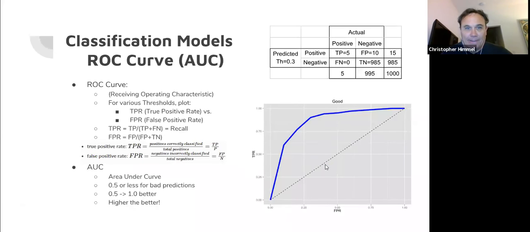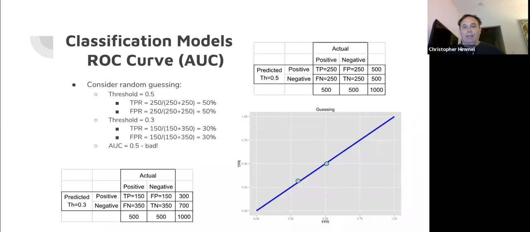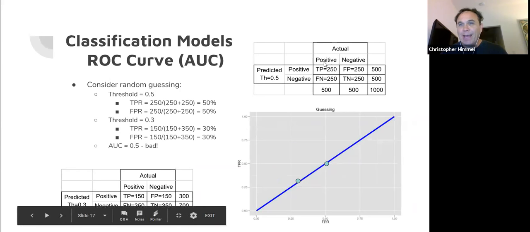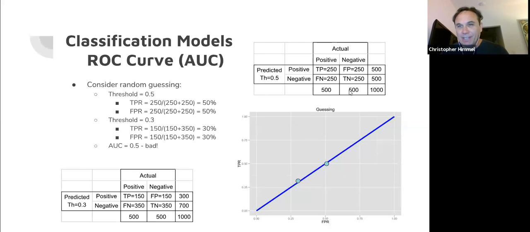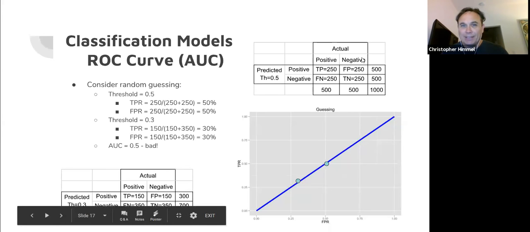So here's an example of completely 100% guessing. I didn't have any idea based on my model whether it was positive or negative. So if my actual is 500 positives and 500 negatives, just to give an example, and I guessed exactly somewhere in between, half and half, and I plot that, I got 50% on both.